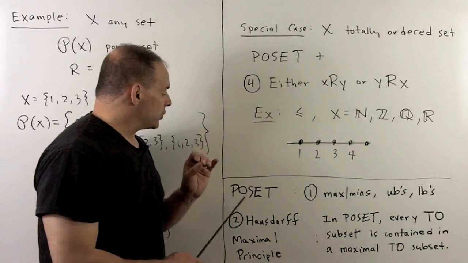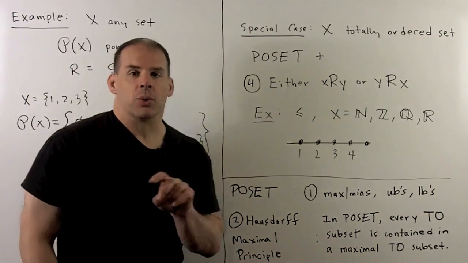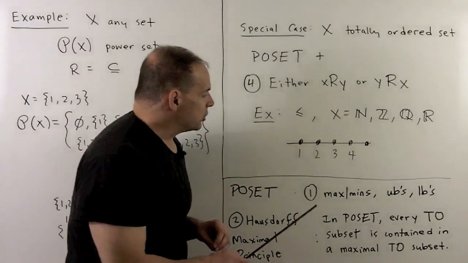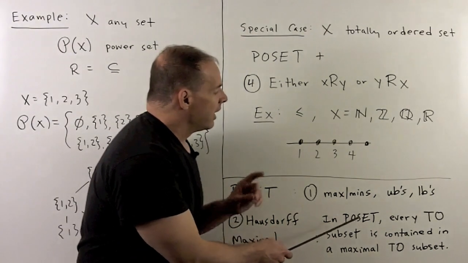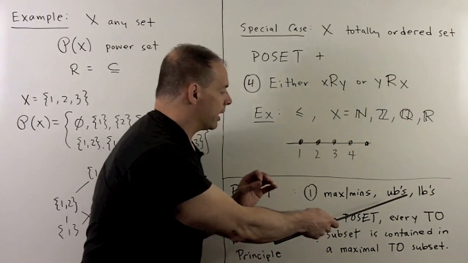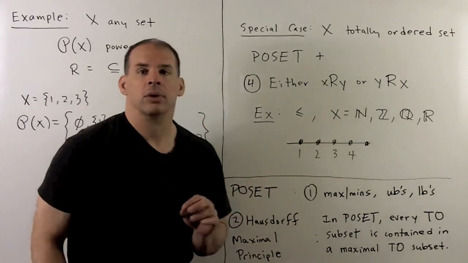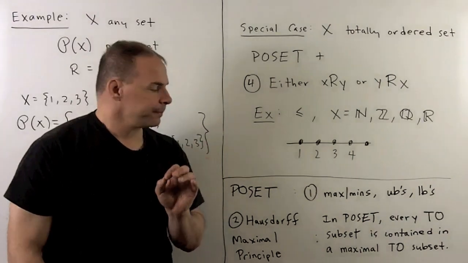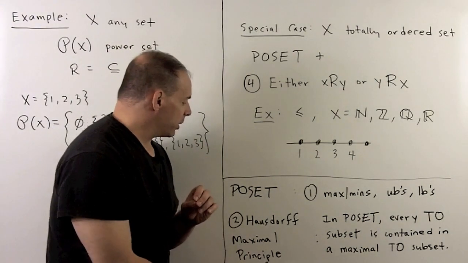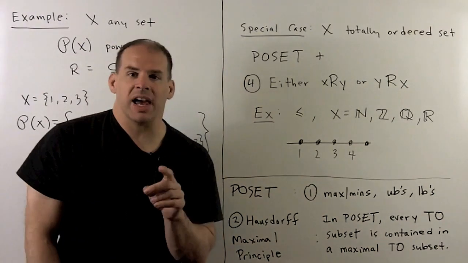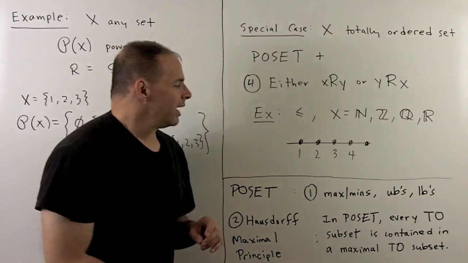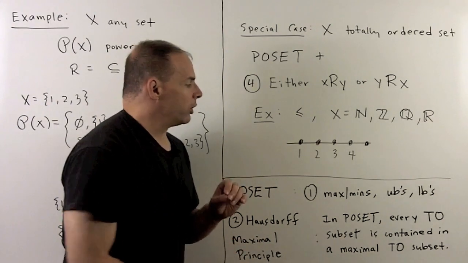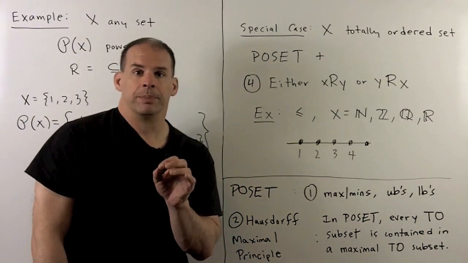Now, final comments on posets. What do we get from working with posets? First, we have a language for maximums and minimums, and for upper bounds and lower bounds. One advanced idea that we get out of this is called the Hausdorff maximal principle. This says in a poset, every totally ordered subset is contained in a maximal totally ordered subset.